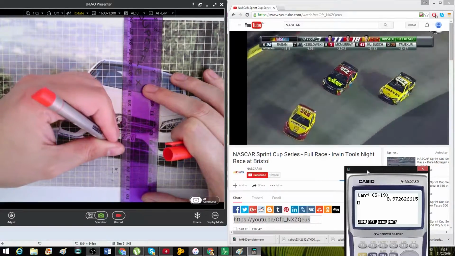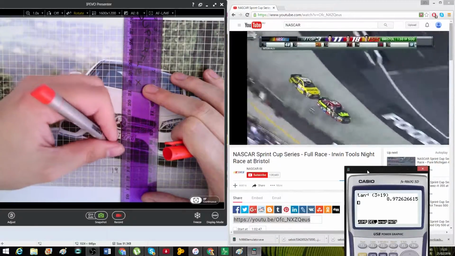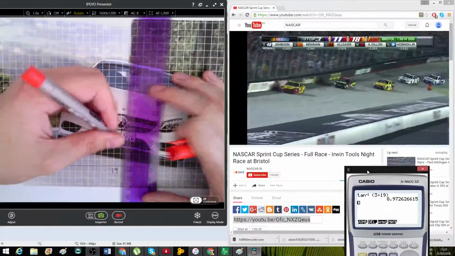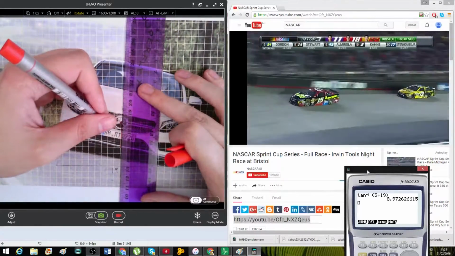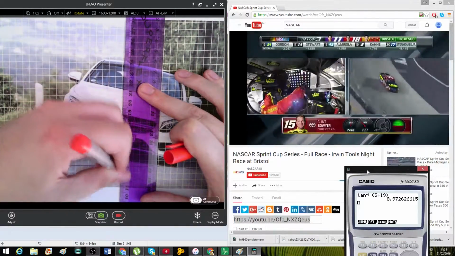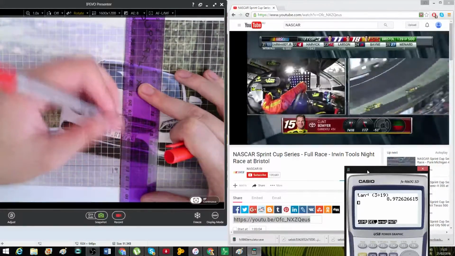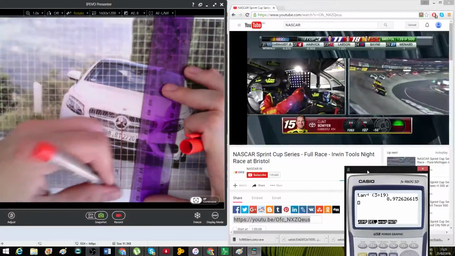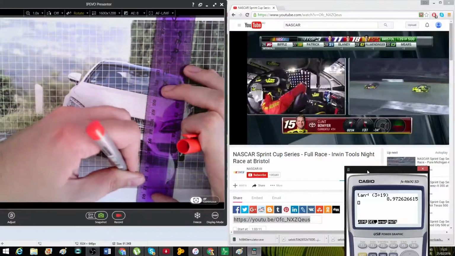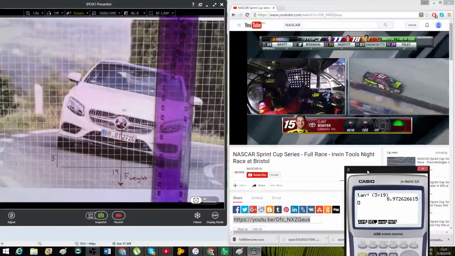Let's draw this down. For the sake of this, I'm going to make it larger and go right down. It's going to be a nice big diagram. So that's my weight force going down there.